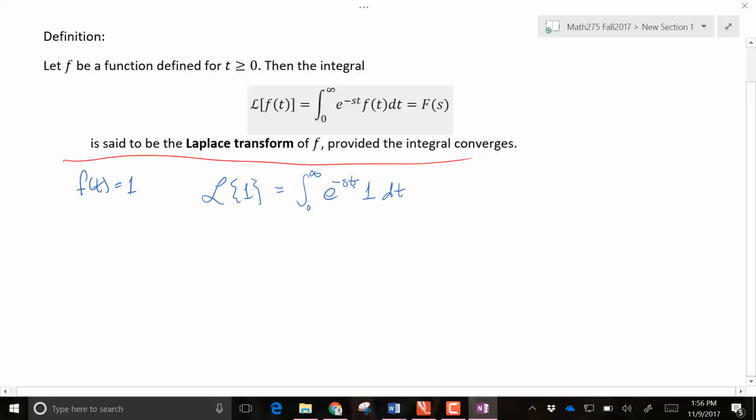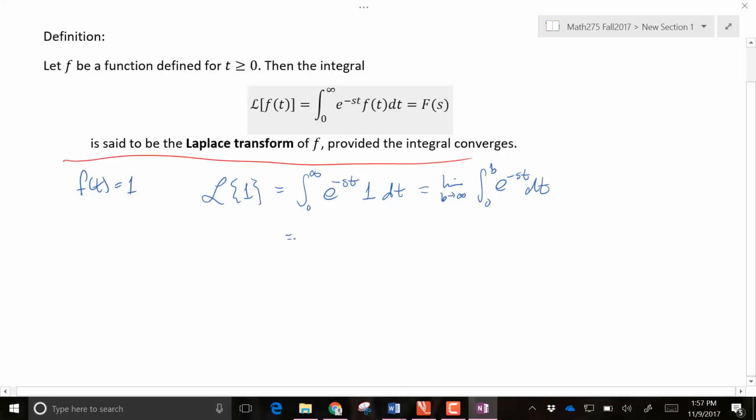In this integral, s is a constant, and t is your integrating variable. You're integrating with respect to t. The integral of e to a constant times t is what? 1 over negative s or something? With the improper integral rules, it's the limit as b goes off to infinity of the integral from 0 to b of e to the minus st dt.